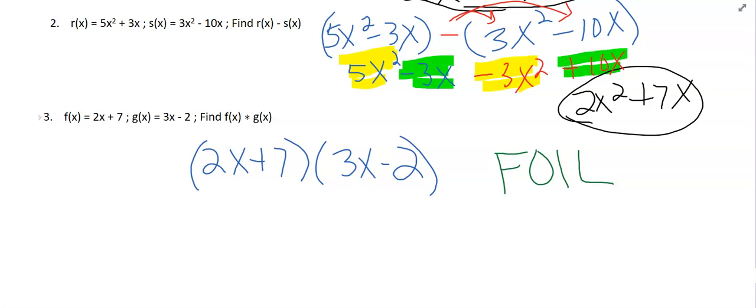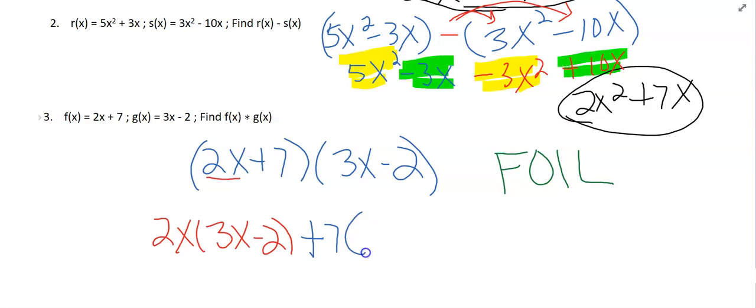So what I need to multiply is the 2x by everything in the second set of parentheses, and then I need to add 7 and multiply that by everything in the second parenthesis.